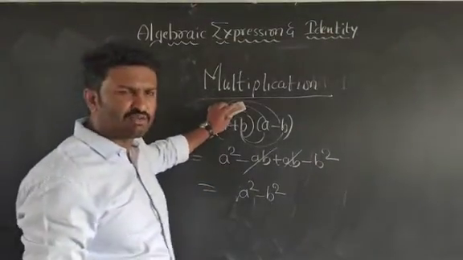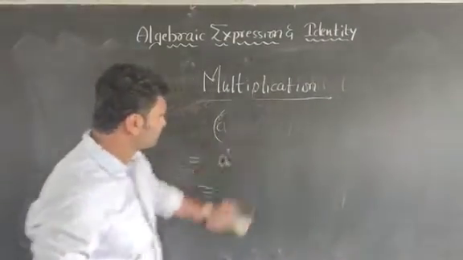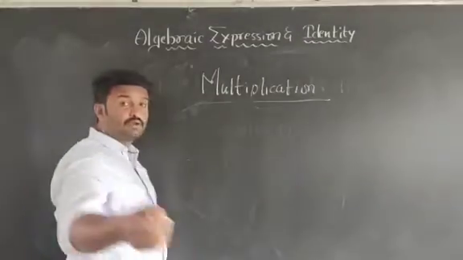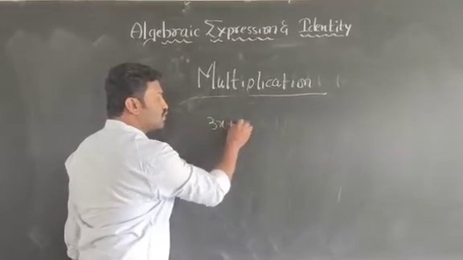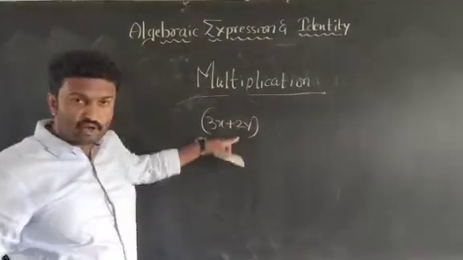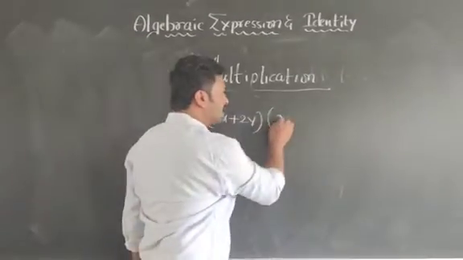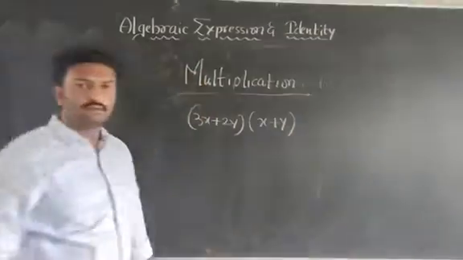We'll go for one more example for binomial and binomial, from your textbook. 3x plus 2y is a binomial, and one more, x plus y.